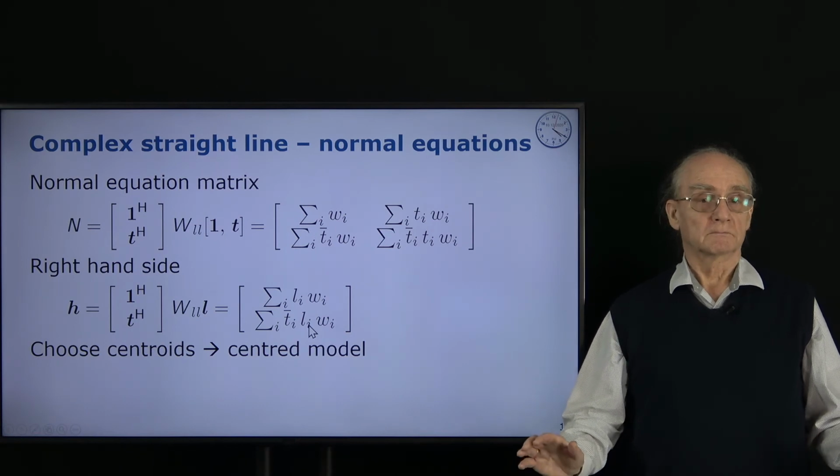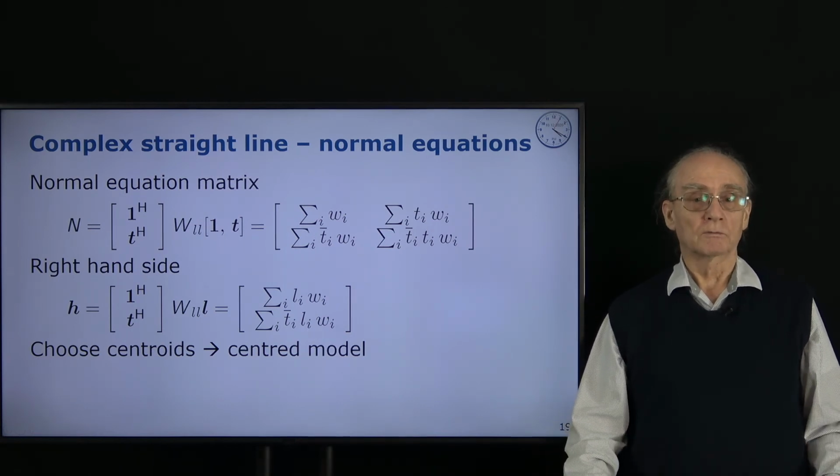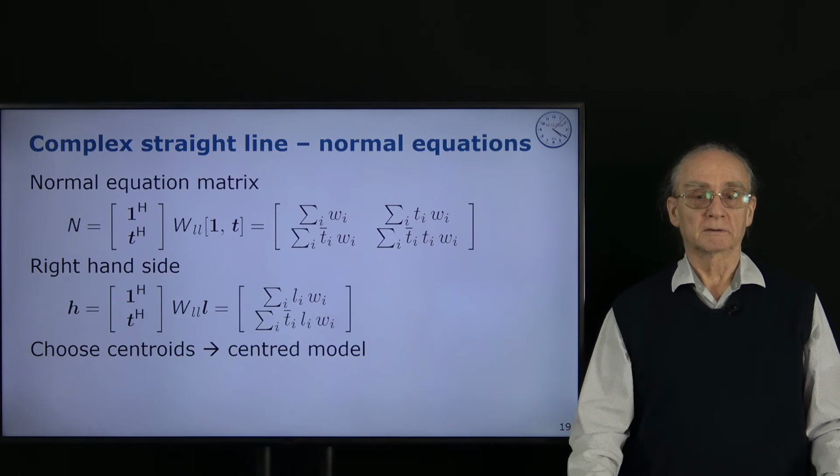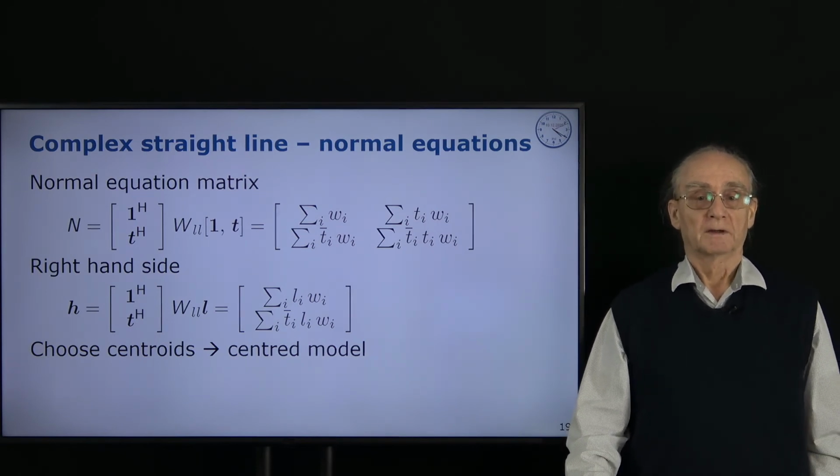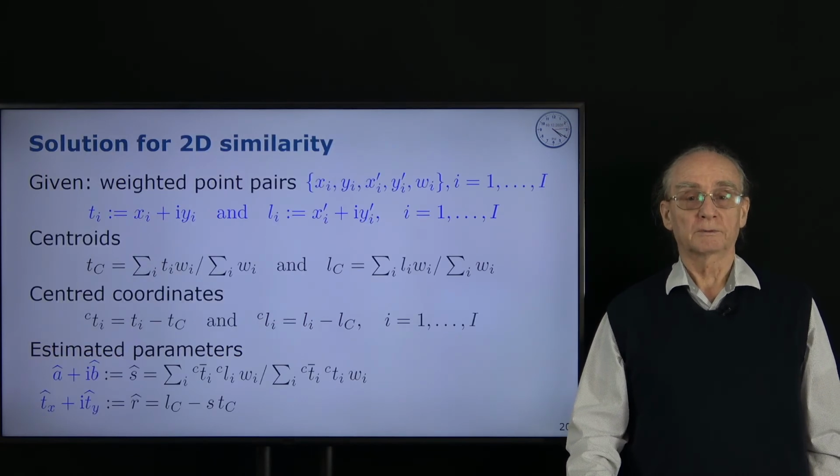So this is the whole difference between the straight line fitting, which we discussed first. And now we go to a centered model, and we do exactly the same. So we start with x, y and x prime, y prime, and weights. And instead of working with matrices, we work here with these complex numbers.